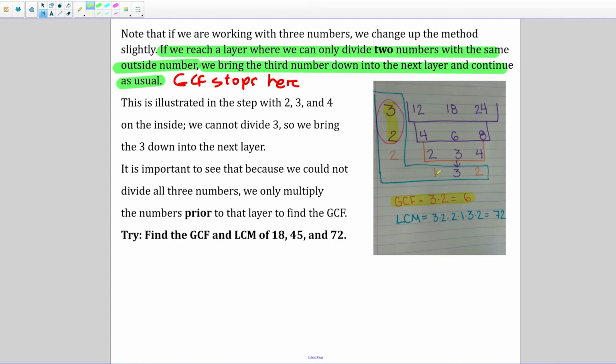I'm going to examine all three numbers one more time, and I see that I can no longer divide all 3 or even 2 of them by the same number, so I have completed this question. Looking at the LCM, I'm going to multiply everything here on the left-hand side along with the bottom, and this will give me an LCM of 72 in this case.